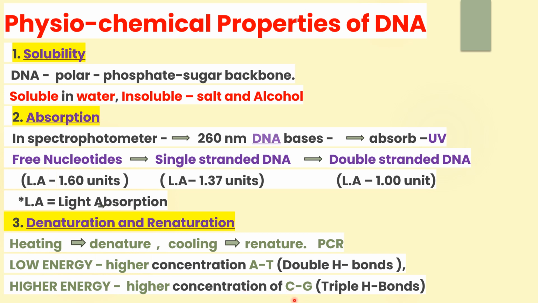Because remember, cytosine and guanine have a triple hydrogen bond in between. To break three bonds, more energy is required. Breaking two bonds in case of adenine and thymine requires lesser energy. Lesser heat energy is required to denature adenine and thymine rich DNA than CG-rich DNA, that is cytosine guanine DNA. Okay.